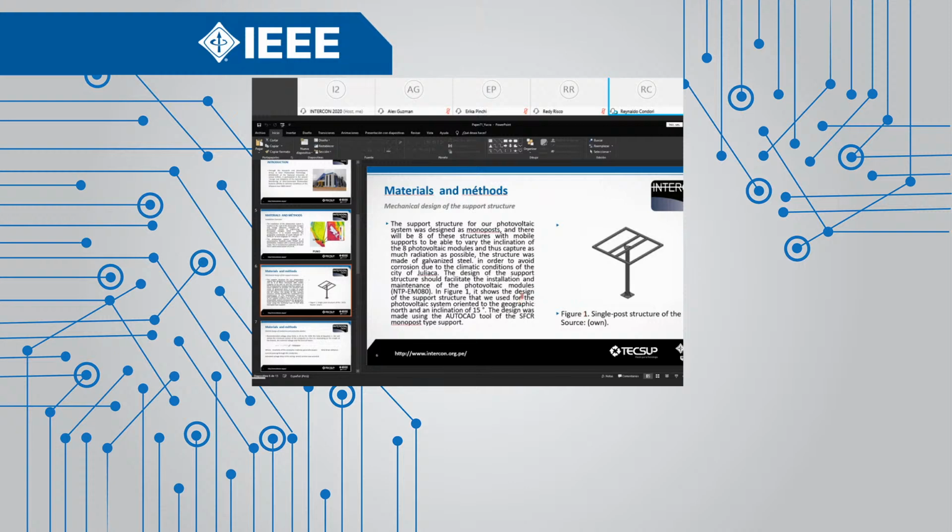In the support structure design, the photovoltaic system was oriented to geographic north with an inclination of 15 degrees. The design was made using the AutoCAD tool, of the monopost type support. Figure 1 shows a single post.